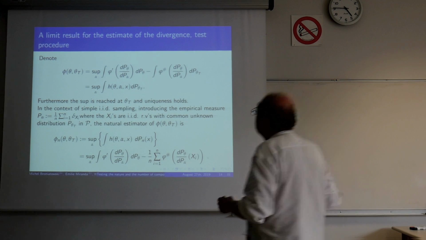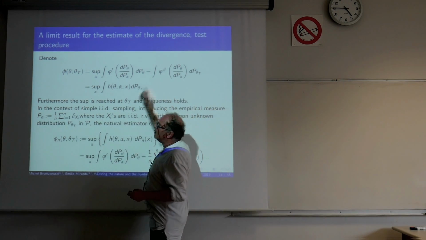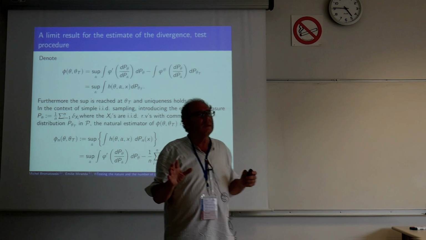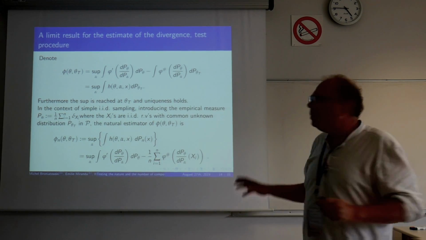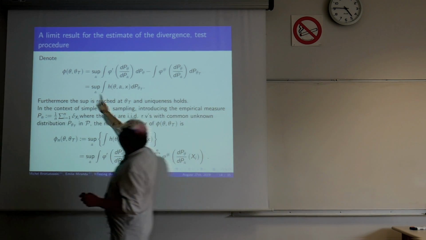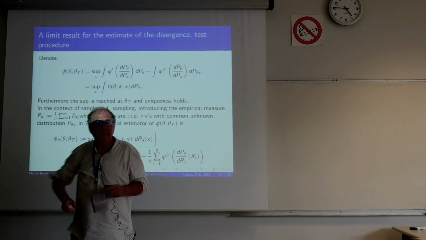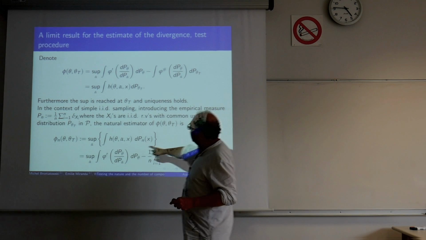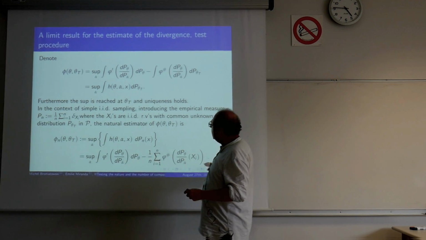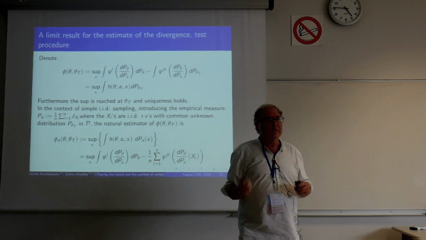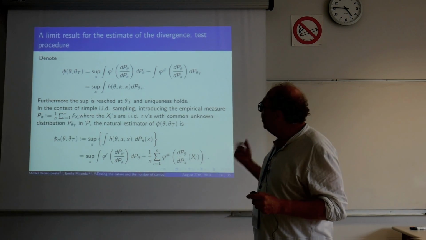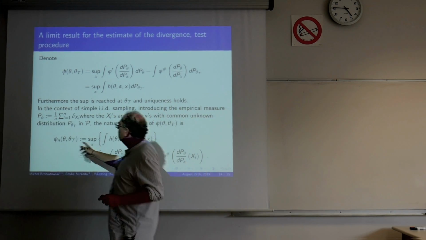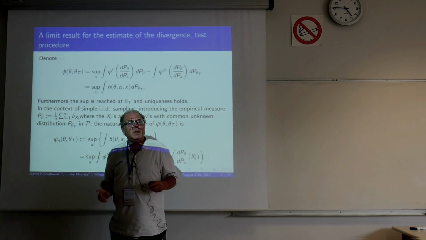Okay, what is of interest for us is the test statistics for the number of components. So we turn to the distance between p theta t and p theta, and we have this formula. And so we are able to write down an estimator of the distance between p theta t, which we do not know, and any p theta.